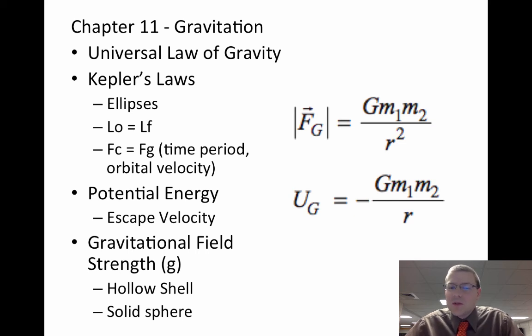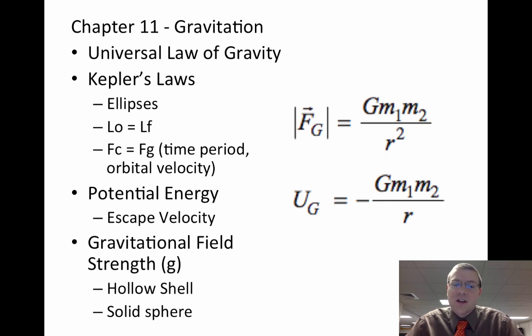From that, we were able to come up with things like the escape velocity and make sure that your kinetic energy at least equals all the negative gravitational potential energy you start with on a planet. If you can match your starting negative gravitational energy with kinetic energy, you can escape that planet if you go fast enough. So we went through derivations of how to do that.